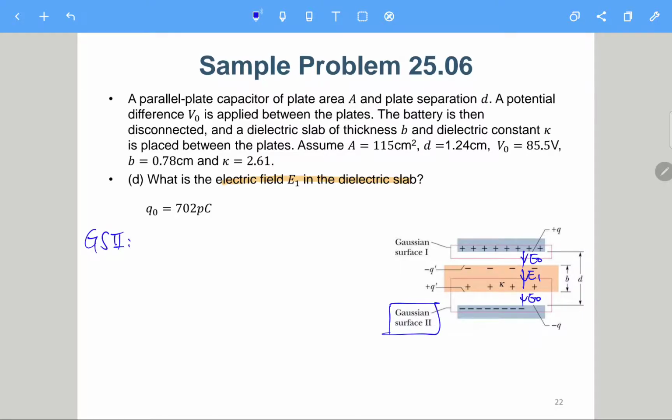So we have epsilon naught integration of kappa E dot dA equals, this one is enclosed here, so it should be negative Q.